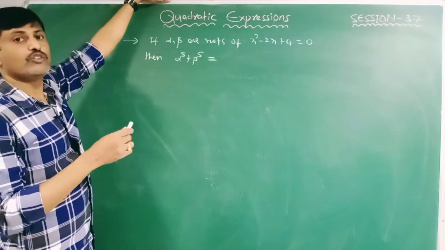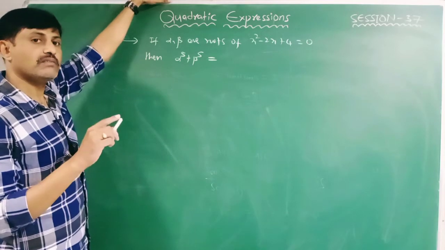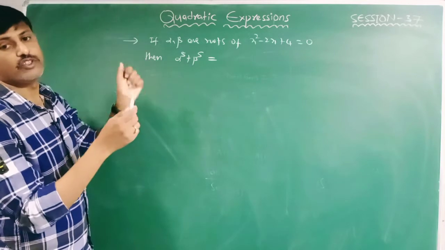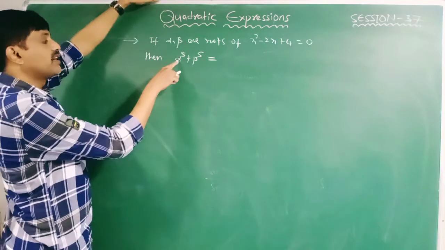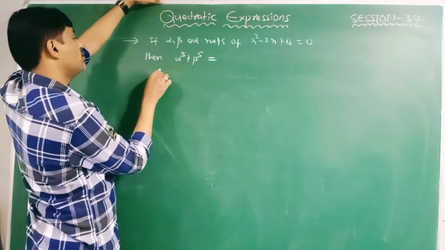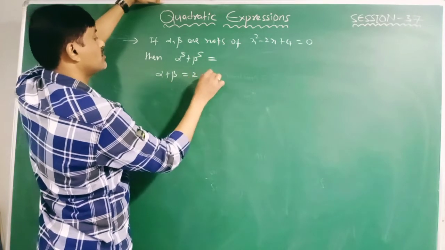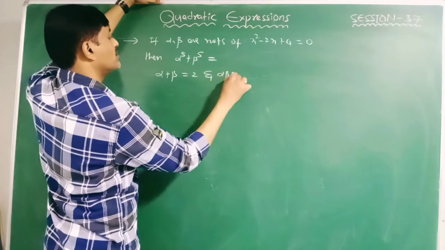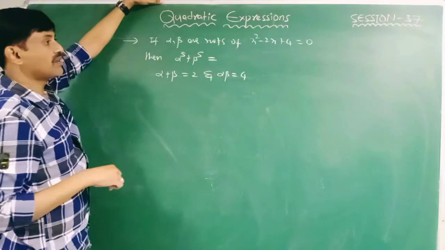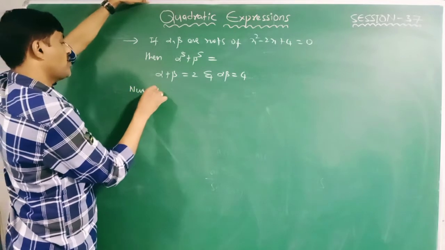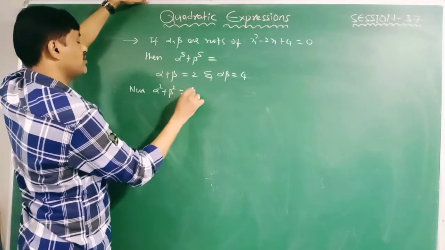Before that, we have to find alpha square plus beta square and alpha cube plus beta cube, and together we should multiply, and we get alpha power 5 plus beta power 5. Before that, alpha plus beta, the sum of the roots, is 2 and the product of the roots is 4.